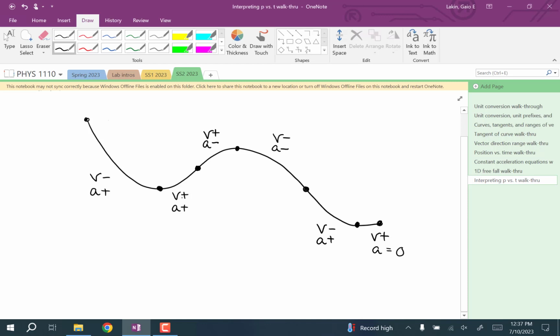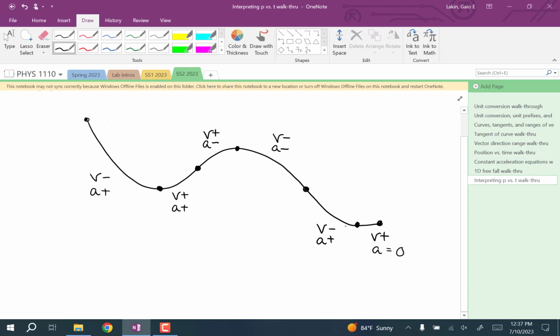So it's moving in the positive direction here, here, and at the end, in that last interval. It's moving in the negative direction between these two, these two, and, no, not the last one, but just from here to here. And then, where is the acceleration positive? Acceleration is positive all the way from this first dot to the third dot, because you see the accelerations there. Acceleration is positive again from this dot to this dot.